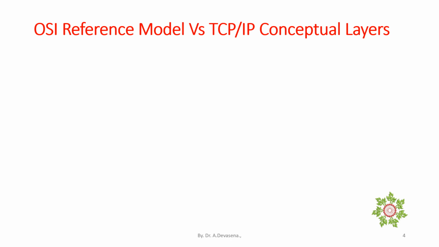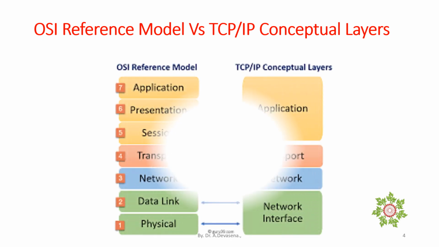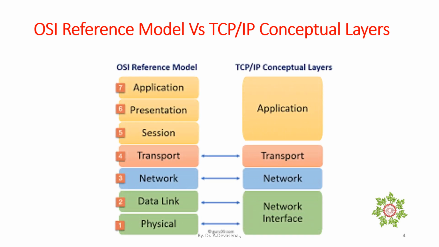OSI reference model versus TCP/IP conceptual layers diagram. This is a representation of the OSI reference model as well as the TCP/IP conceptual layers. The physical layer and data link layer in the OSI reference model are connected to the network interface layer in TCP/IP conceptual layers.